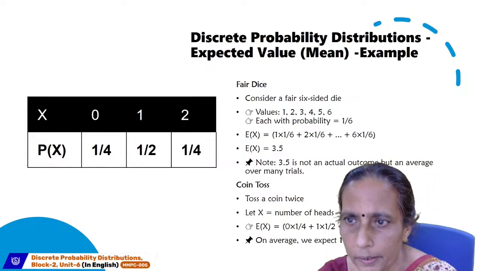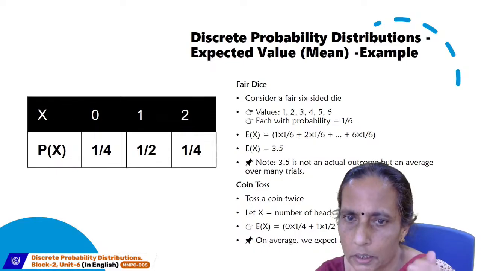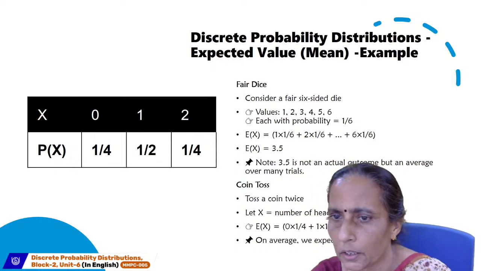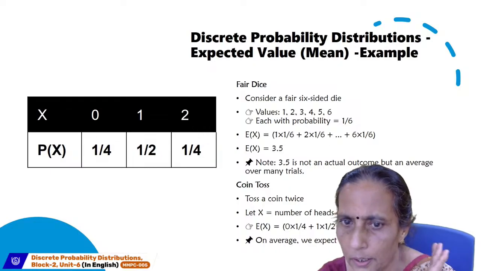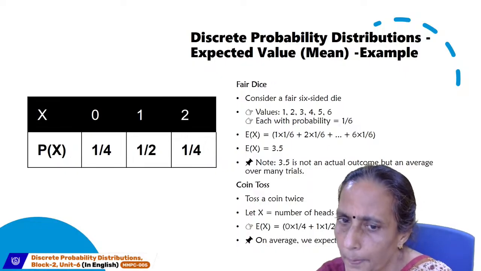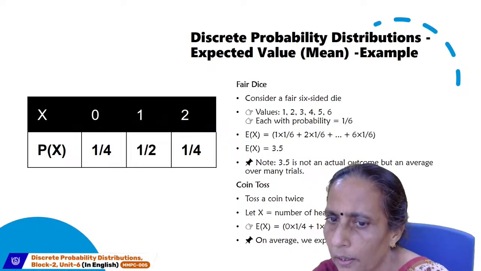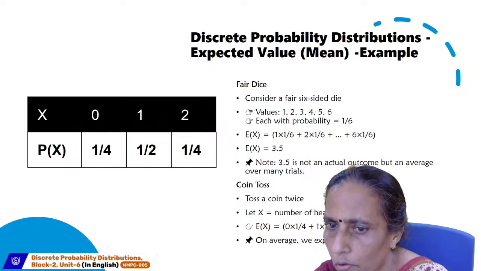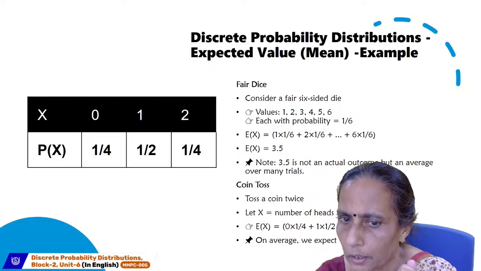Suppose we have a discrete probability distribution. Consider a fair six-sided die, with values 1, 2, 3, 4, 5, 6, each with probability 1 upon 6. So expectation of x is equal to 1 into 1 upon 6 plus 2 into 1 upon 6 and so on, plus 6 into 1 upon 6.